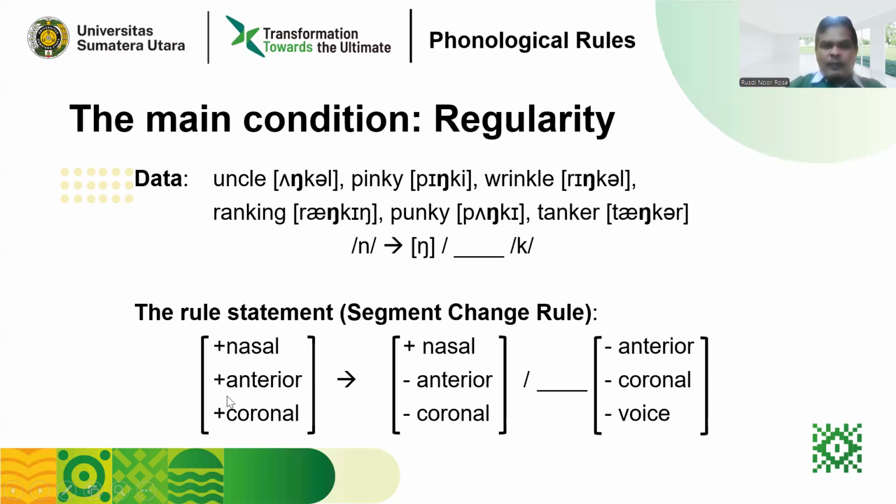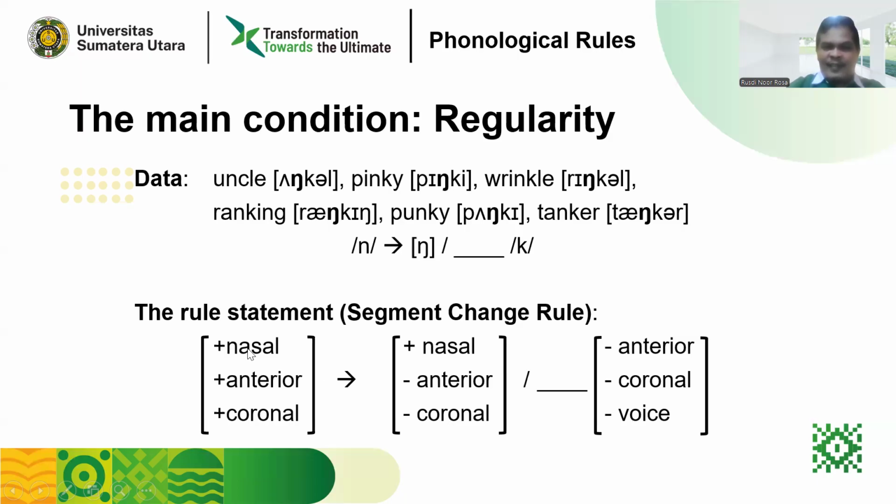Positive nasal, positive anterior, positive coronal sound changes to positive nasal, negative anterior, negative coronal. So you can see here that N is positive nasal, positive anterior, positive coronal, but ŋ is positive nasal, negative anterior, and also negative coronal.